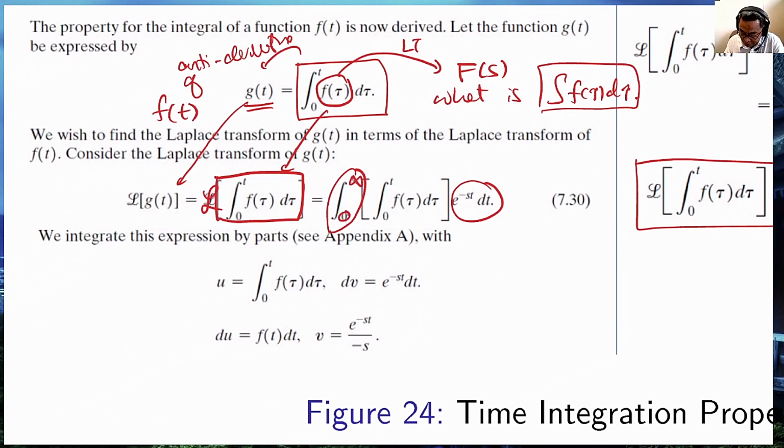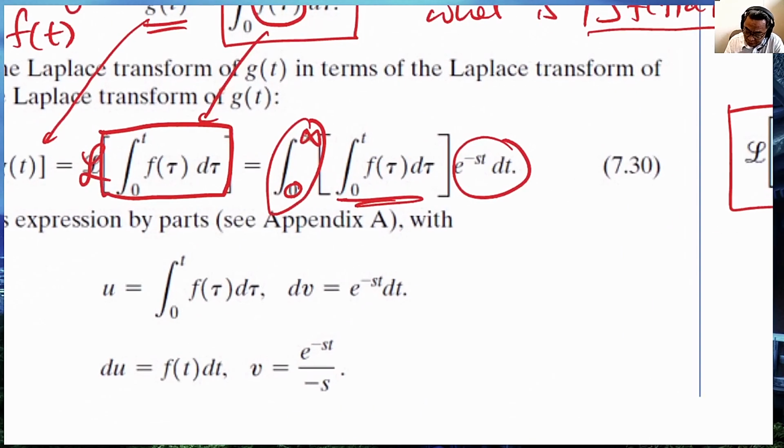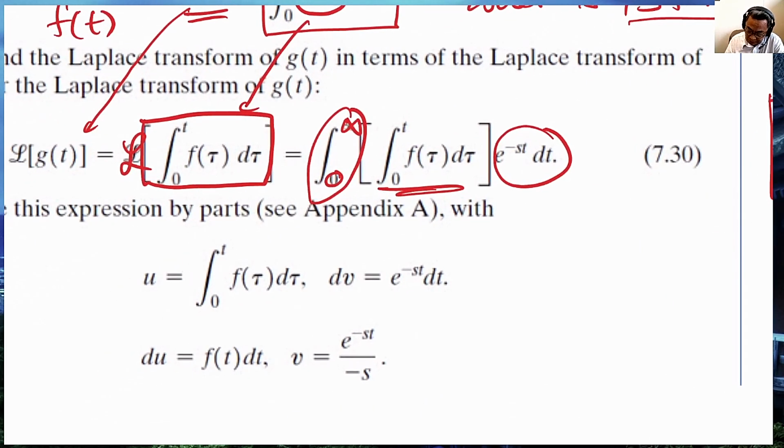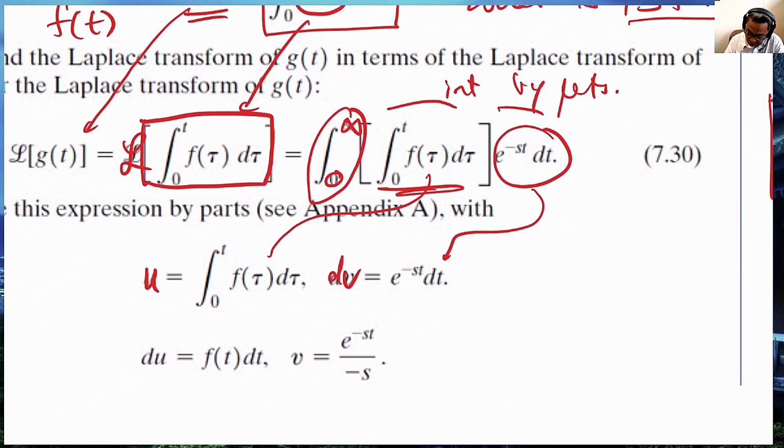Integrate 0 to infinity, multiplied by the function we are interested in, e to the minus st dt. Now, once you have reached this point, again, we are going to do integration by parts. And all we need to define is what is u and what is dv. So dv is this guy, and u is this guy.